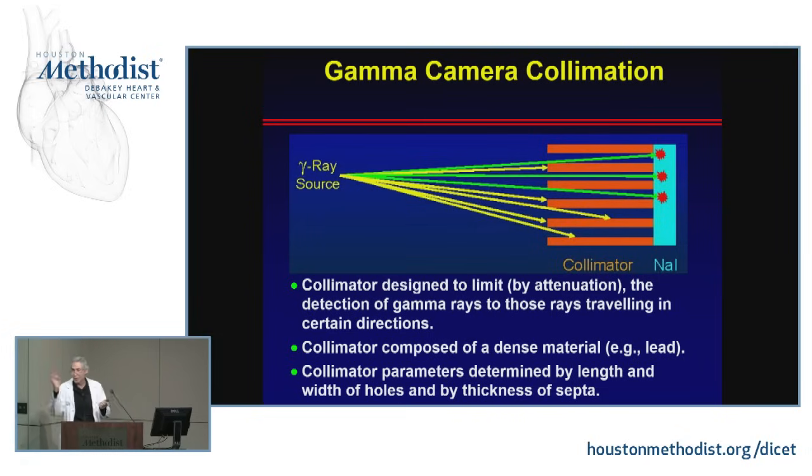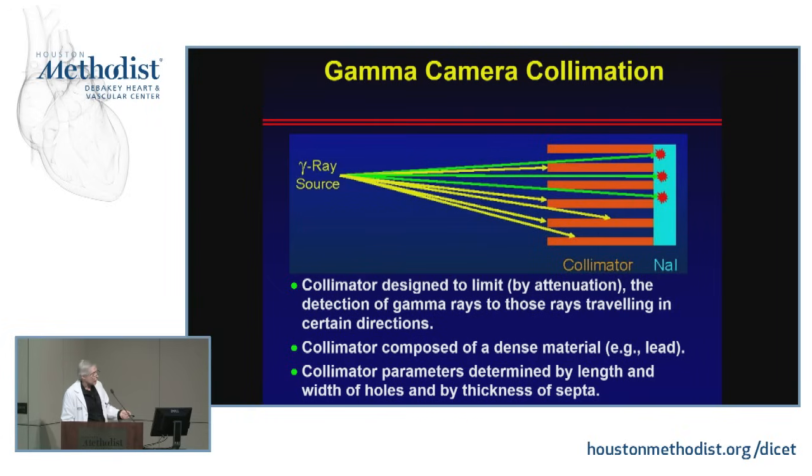So you only get very selective amounts of radiation to hit the crystal. The collimator is incredibly important because you don't want photons from somewhere else that are scattered or whatever to get into your line of flight. You want photons from the patient going directly to the camera so that you get an accurate representation of the patient's organ that's being imaged.